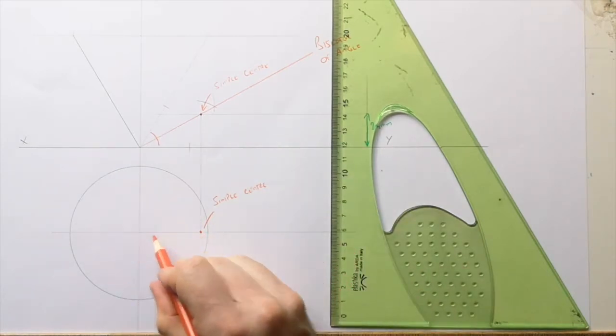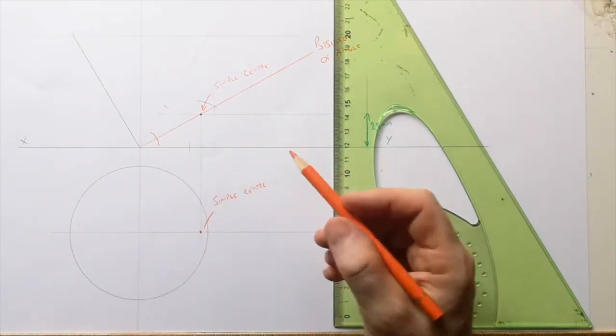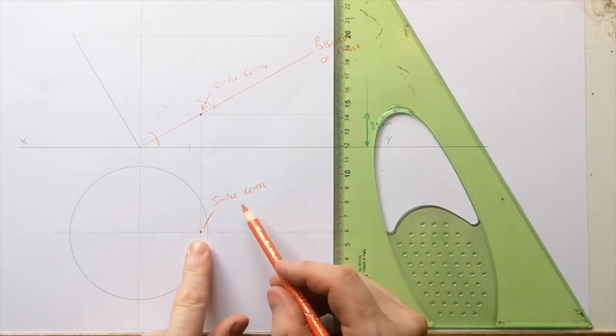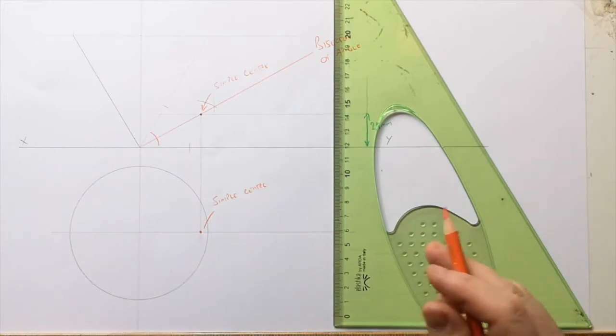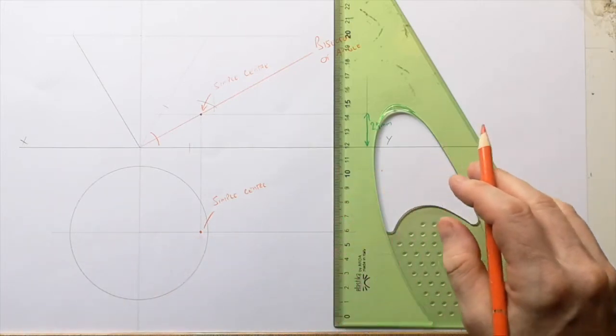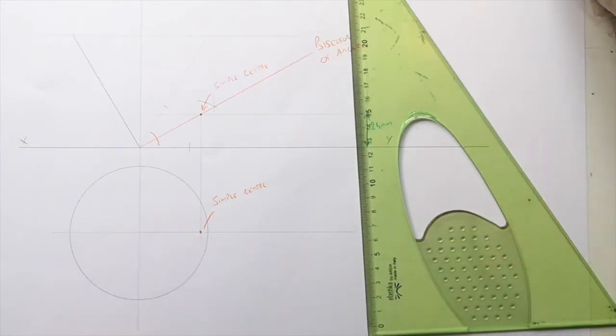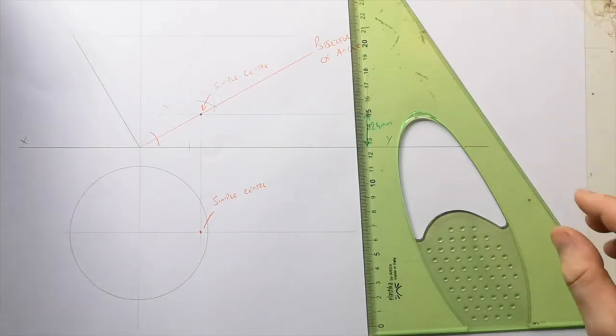I know it's on this line here, parallel to XY, because that's where I put it. Because when I look in elevation, I'll see the point of contact somewhere up there. Now, let's see what we can do. We are going to go and rotate that back.